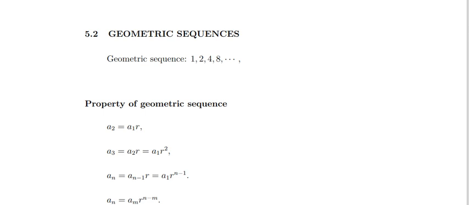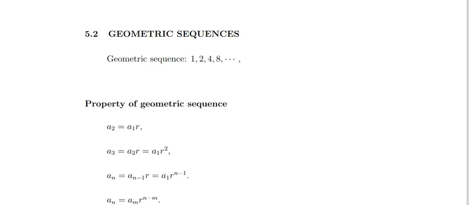So here we have this kind of sequence we call a geometric sequence: 1, 2, 4, 8, 16. So it just doubles.